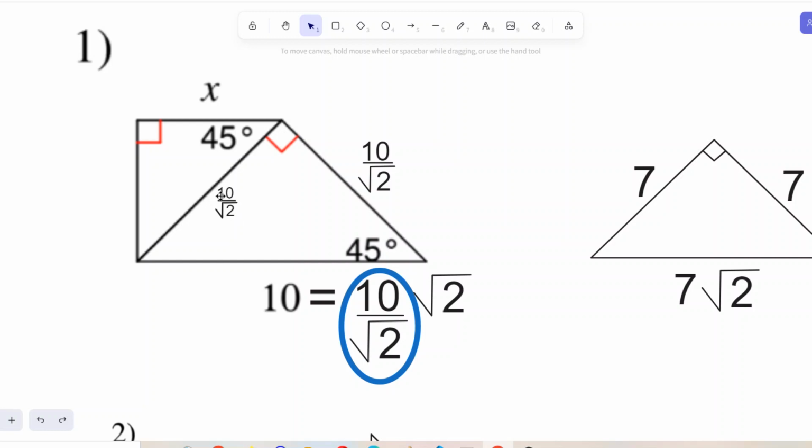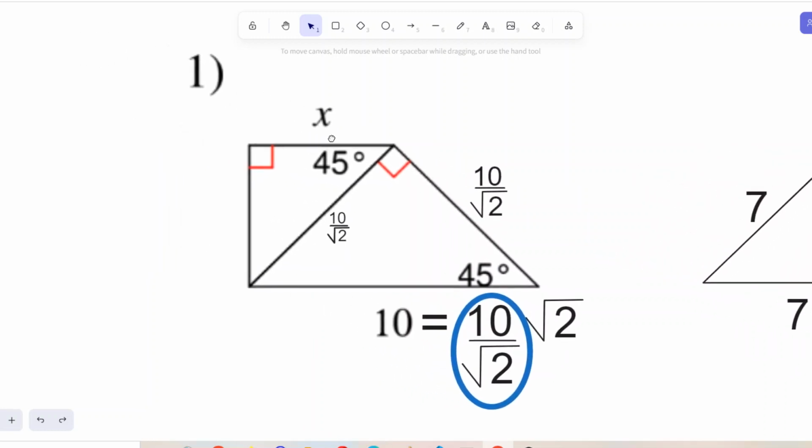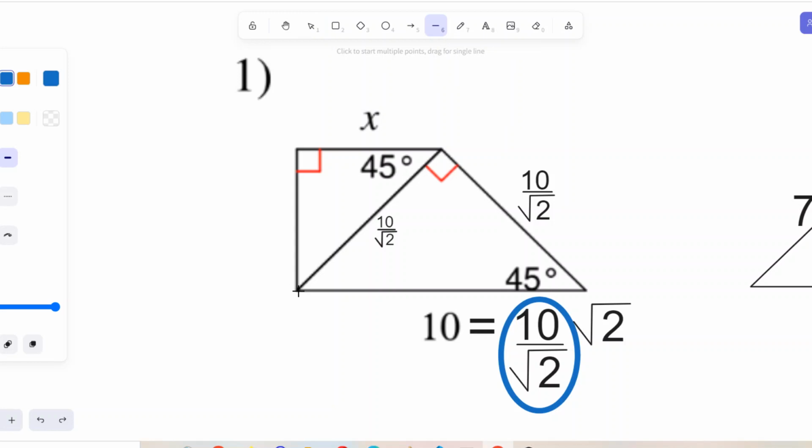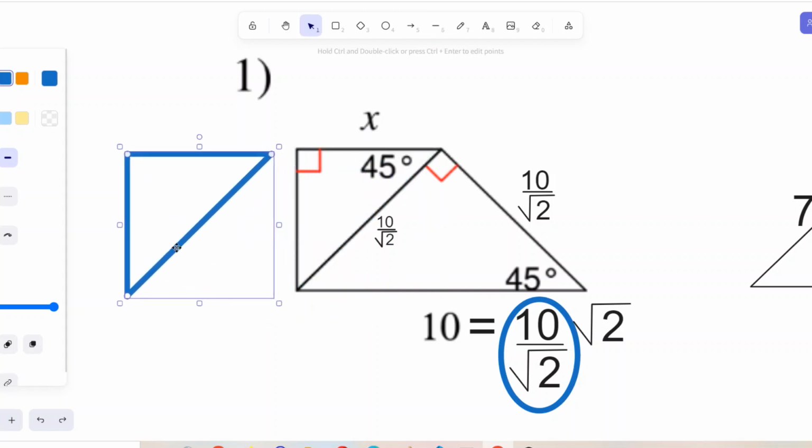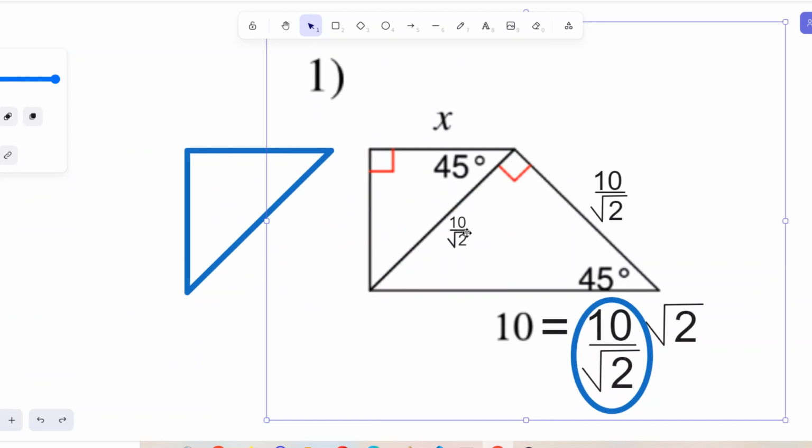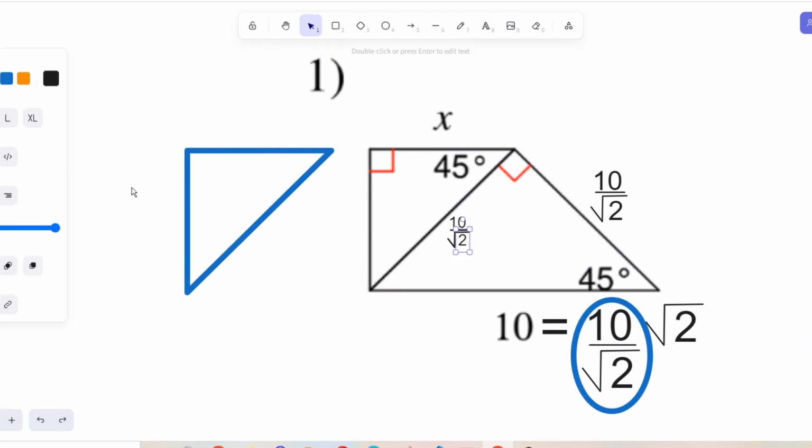And now we want to find x. So now we have this triangle. It says at the top, multi-step problems, and this is why. That was step 1. Step 2 is looking at this triangle, where now this is the hypotenuse, right?